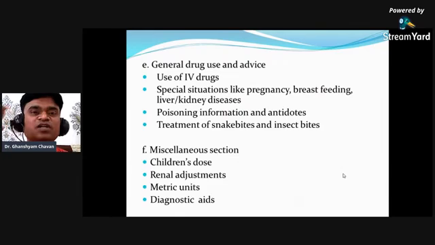Either we give activated charcoal to decrease absorption in the stomach and intestine, or we give gastric lavage, or we allow the patient to vomit. Whatever drug has been taken into the stomach will come out. It won't get absorbed into the small intestine. In this fashion, we decrease the absorption.